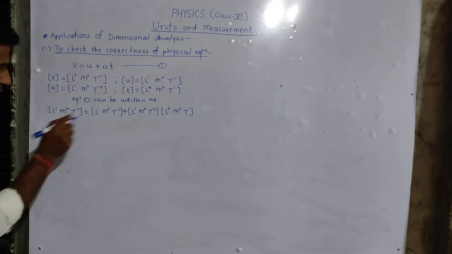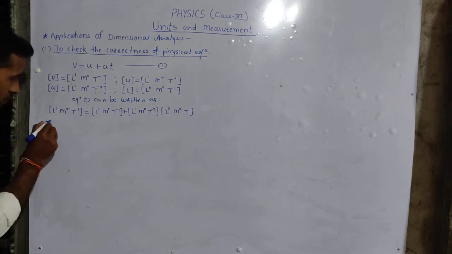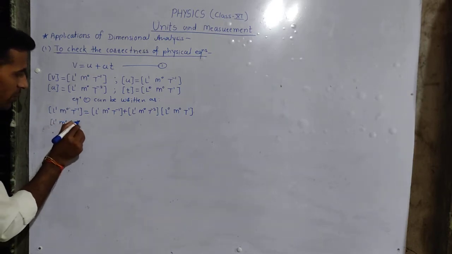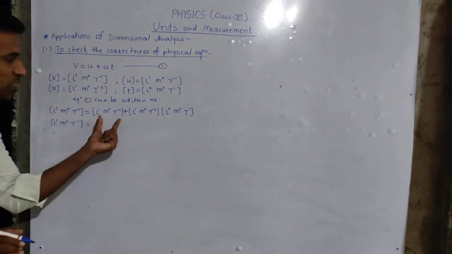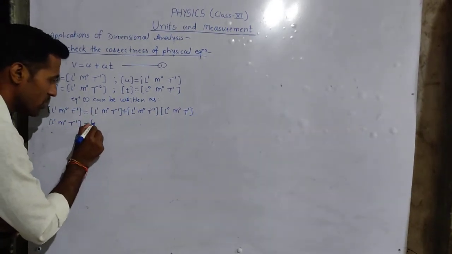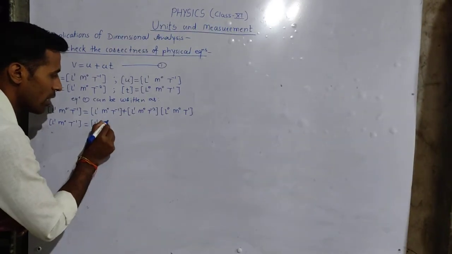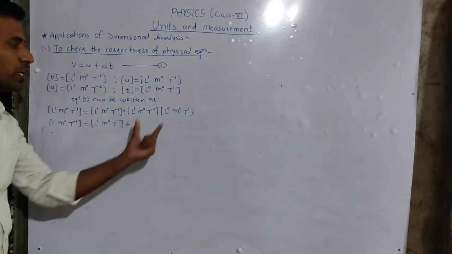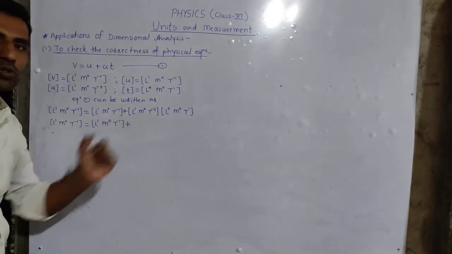Let's solve this. Our LHS stays as it is, that is L1, M0, T minus 1, is equal to this middle term, which also stays as it is, there is no change, L1, M0, T minus 1, plus. Now here we can multiply these two terms.